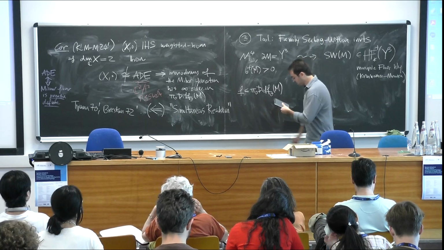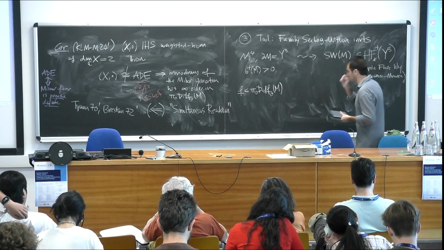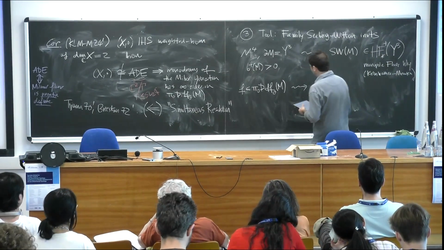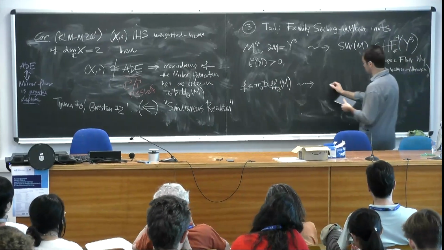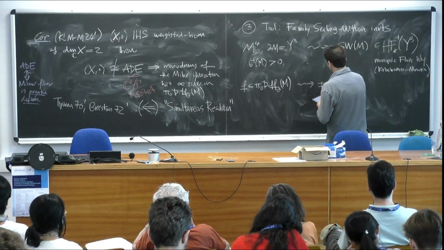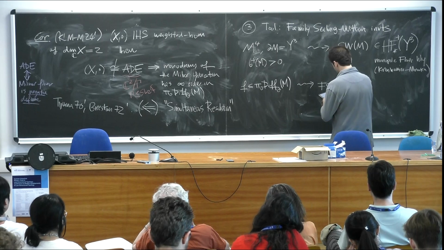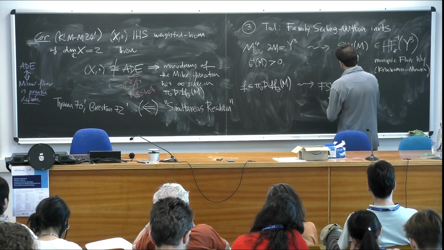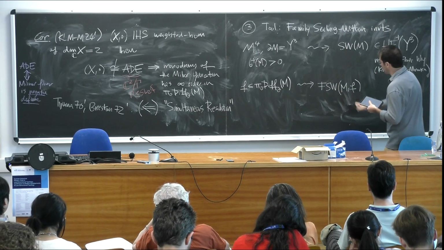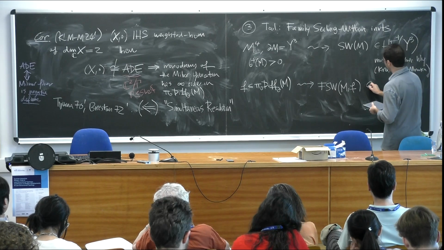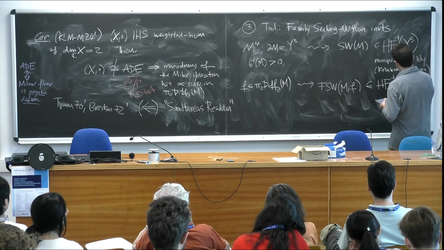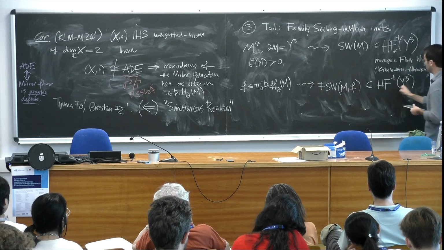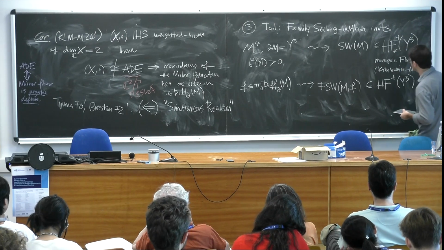Under suitable conditions that I won't really explain, you can associate to this diffeomorphism a corresponding invariant that I'll denote FSW, the family Seiberg-Witten invariant of this four-manifold equipped with the diffeomorphism. And this is going to be a class in the monopole Floer homology of the three-manifold.